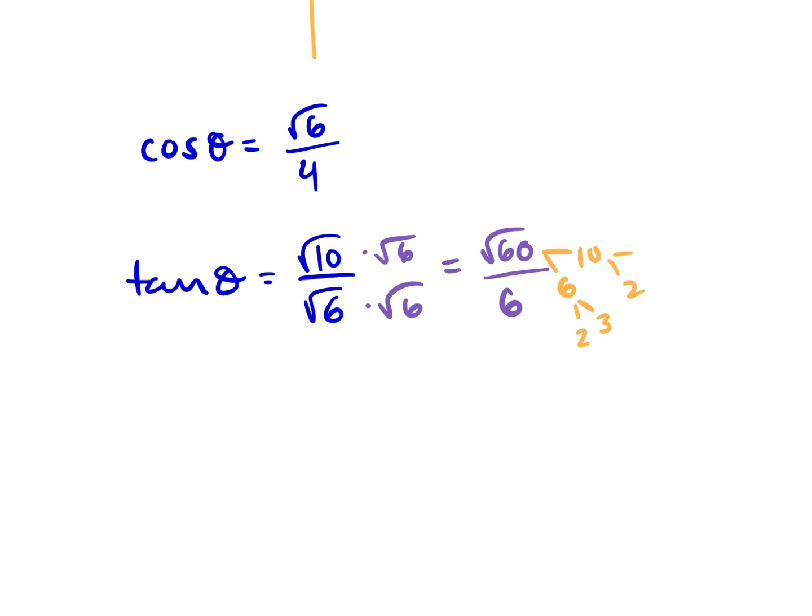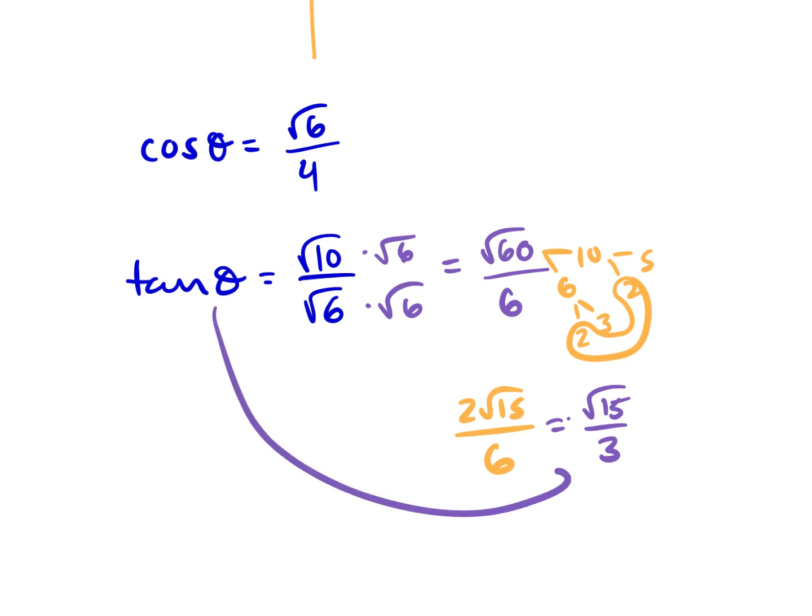And 2 factors of 10 would be 2 and 5. So this would be 2 square root 15 over 6, which again simplifies to square root 15 over 3. So that would be my tangent.